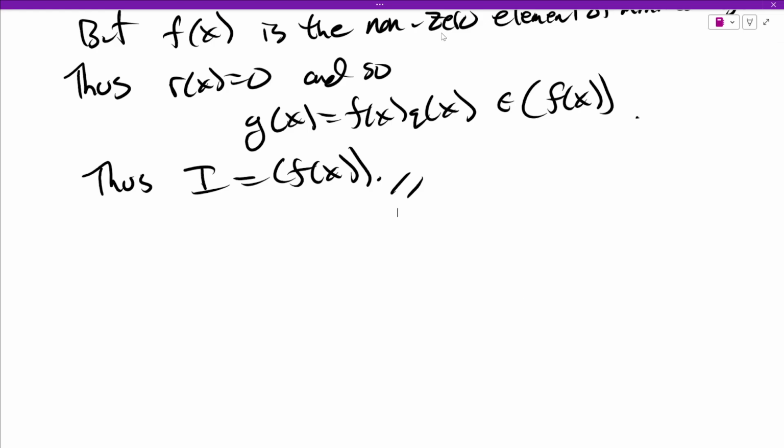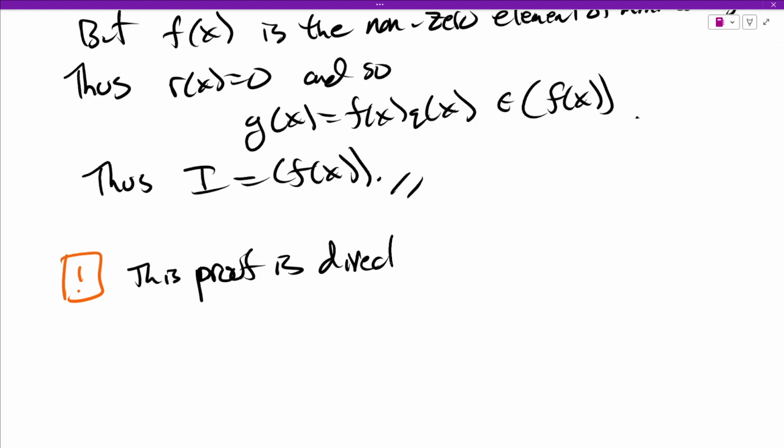Let me also notice something that we noticed with Z. The proof is actually, well, it's not necessarily an algorithm, but it's directions for finding a principal generator.